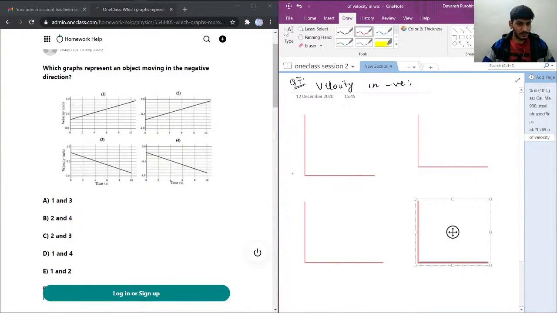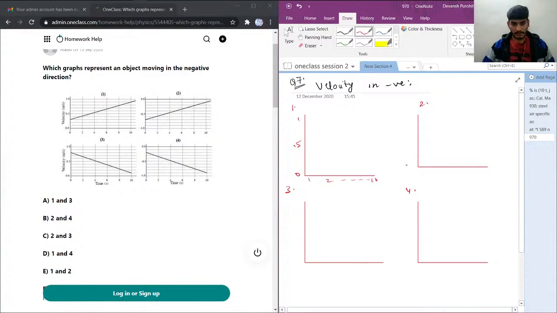This is graph number 1, this one is 2, this one is 3, and this one is 4, and my velocity is going from 0 to 1, 0.5, 1. Time will always be positive, so let's say 1, 2, and up to 10.